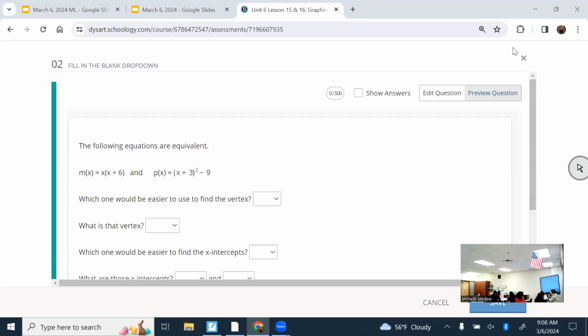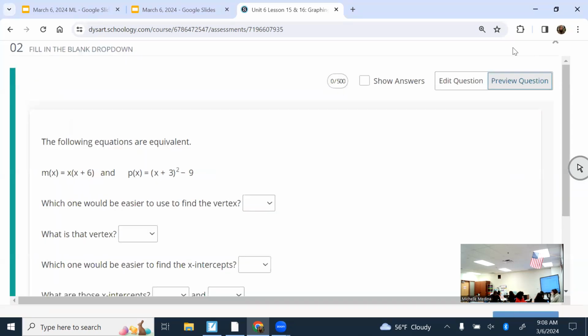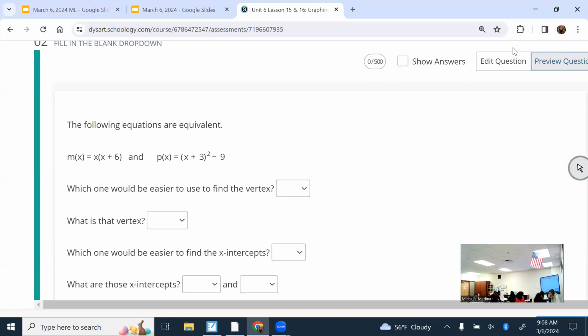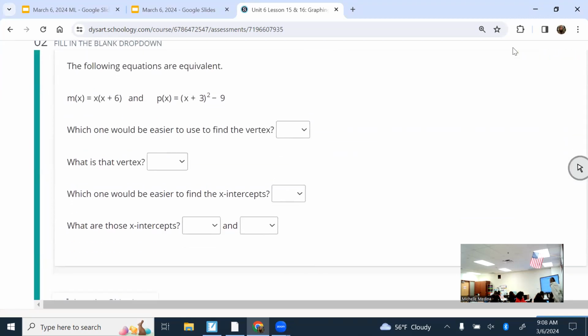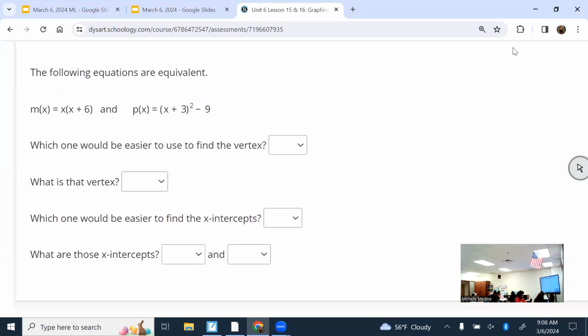Yes. So number 2 on today's practice, if you also needed help with it. It says that the following 2 equations are equivalent. What form is on the left side? When it looks like x times x plus 6, what do we call that format?